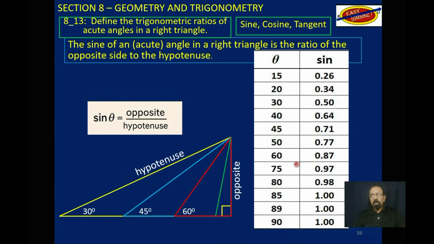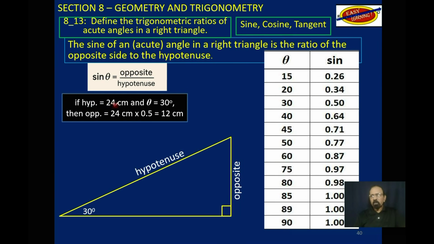So let's take many more angles. If you find a sine of 15 instead of 30, then the opposite is 0.26 of whatever the hypotenuse is. If you find a sine of 30, it is 0.5, which is half of the hypotenuse. If you find the sine at 50, it is 0.77 of the hypotenuse.